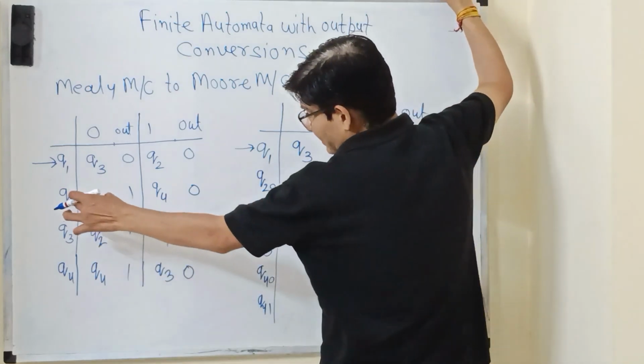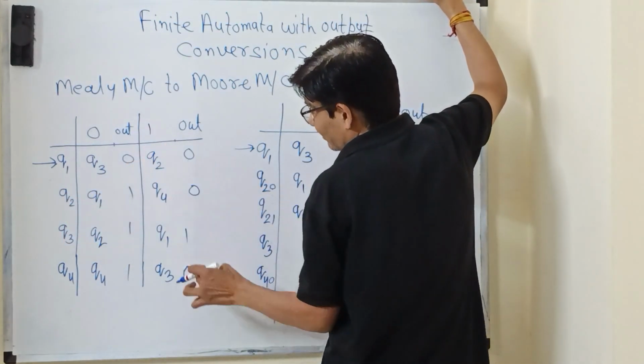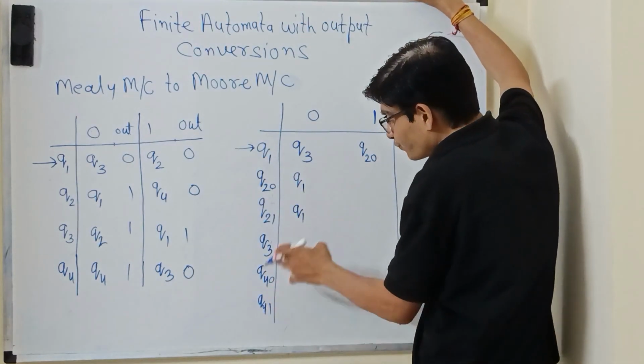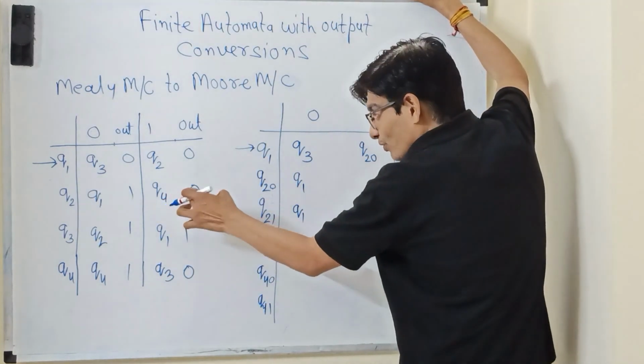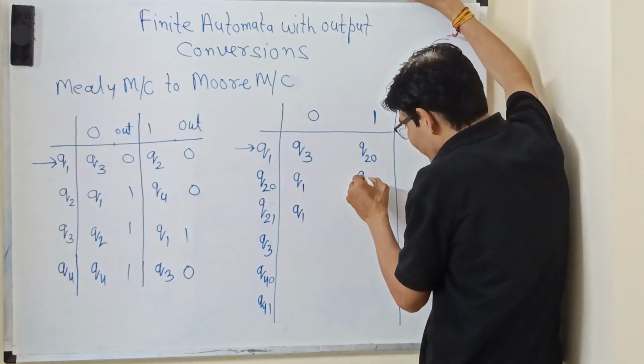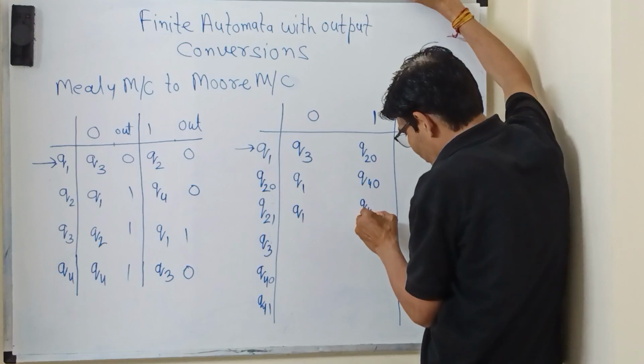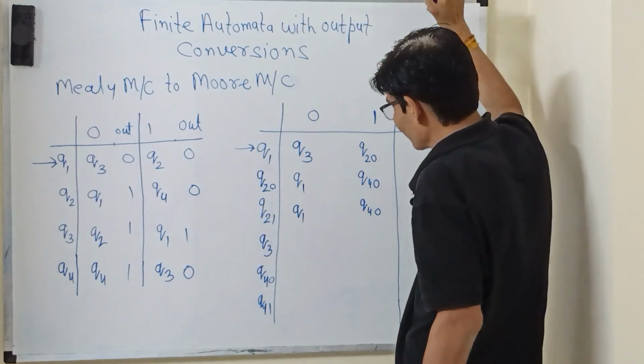And on q2, if we are getting 1, we are moving to q4. But which q4? Two q4s are there. So q4 with 0 output. I can write here q4 0, and here also q4 0.